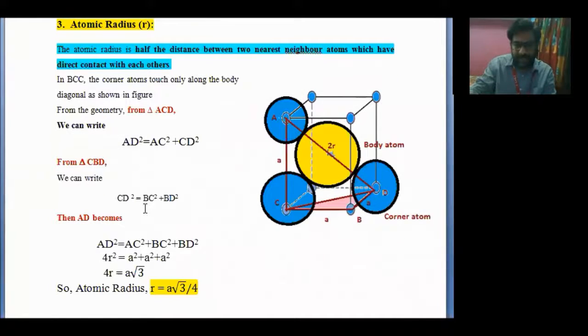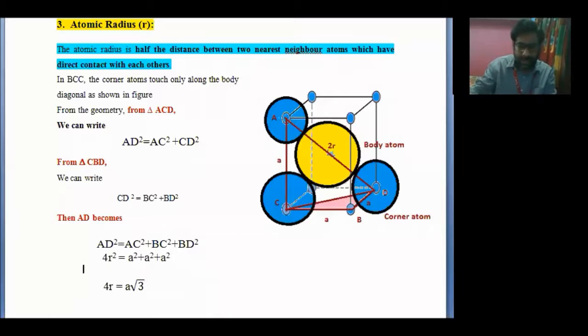So AD square is 4R square, AC square is A square, BC square is also A square, and BD square is A square. So we have 4R square is equal to 3A square.